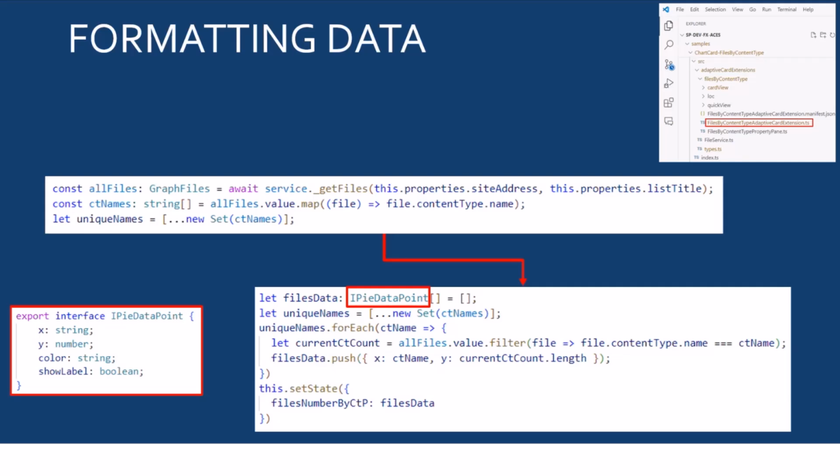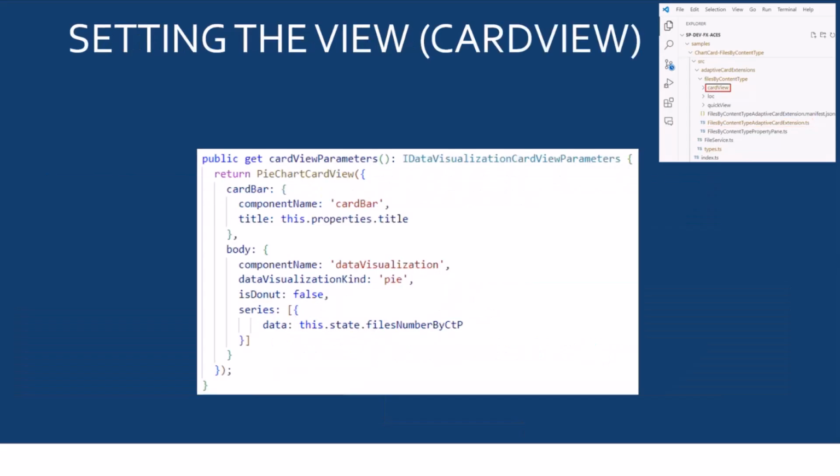For the label, if you don't put any value for this property, the labels will be displayed by default. So once I have formatted my data, I can move on to the card view to display my pie chart.